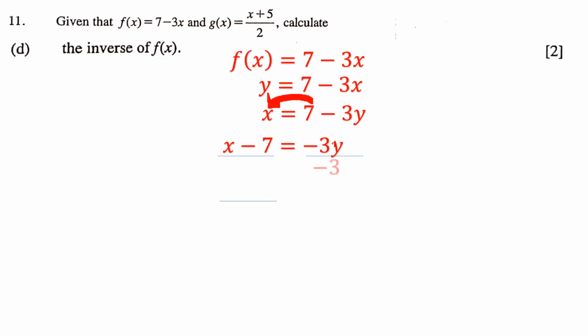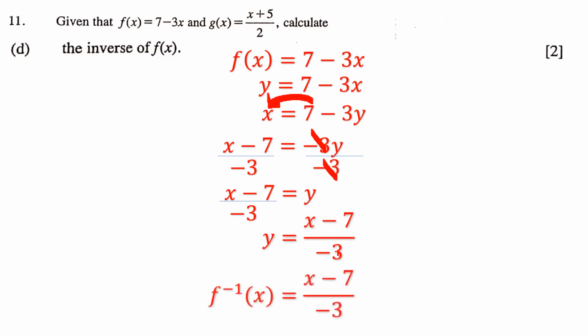We divide both sides by negative 3, and we cancel this negative 3 with that negative 3, leaving us with y equal to x minus 7 divided by negative 3. And that means that f inverse is equal to x minus 7 divided by negative 3.